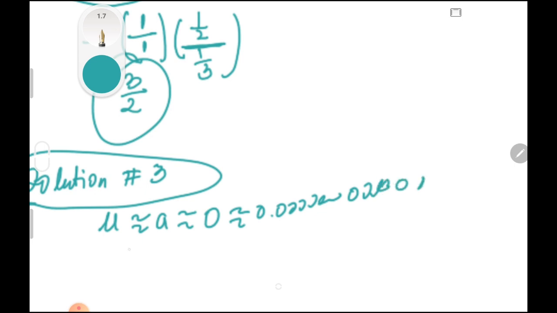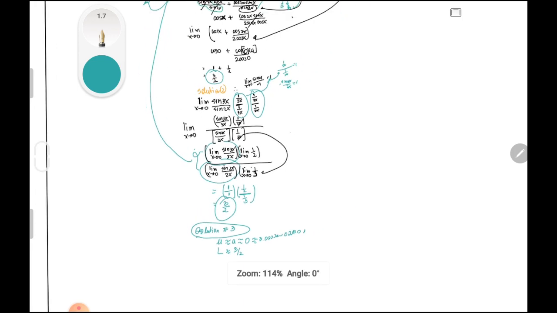So we'll have a value approximately equal to 3/2.